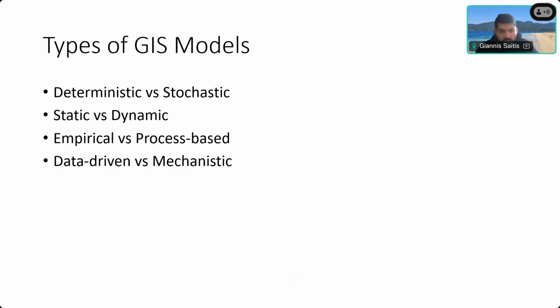So their characteristics are more physically driven, and the relationships are causal. In this kind of models, we can put all the natural conditions models, so hydrological models, very simple.